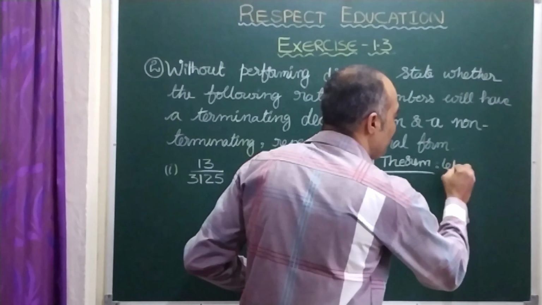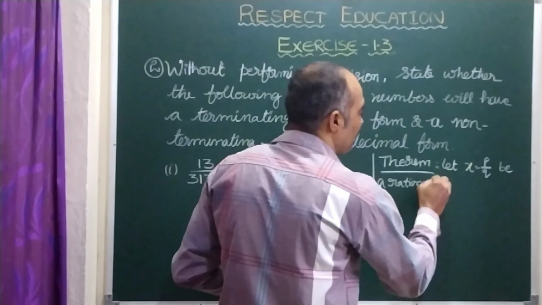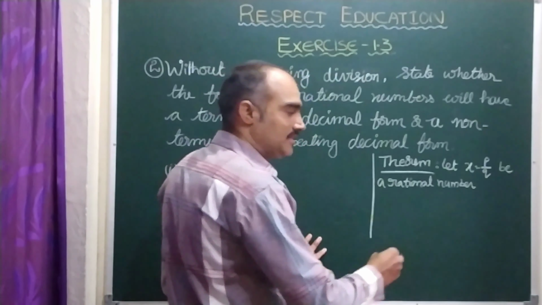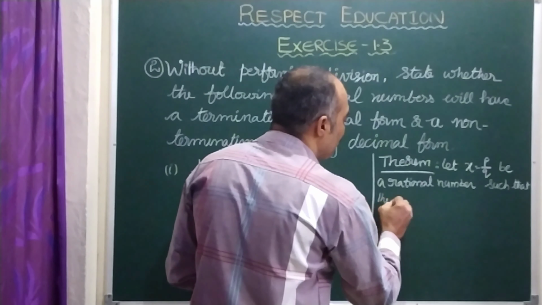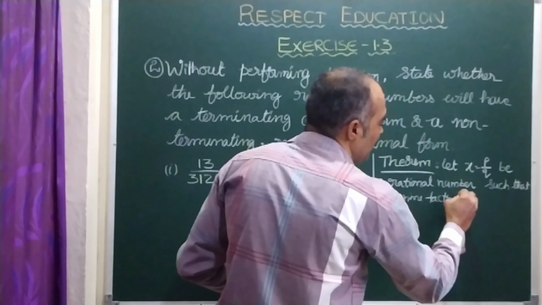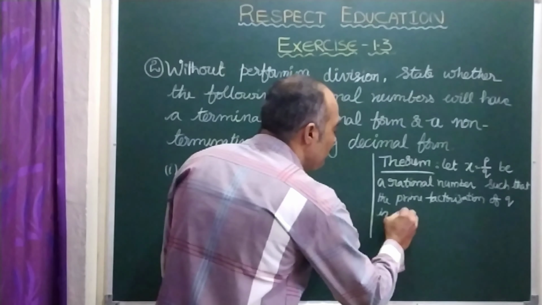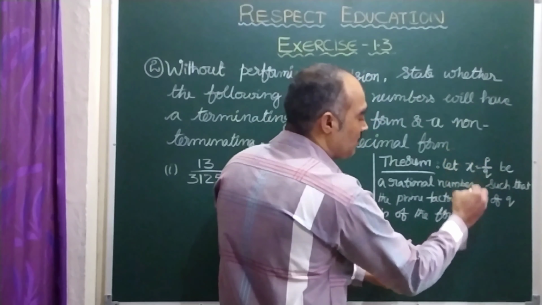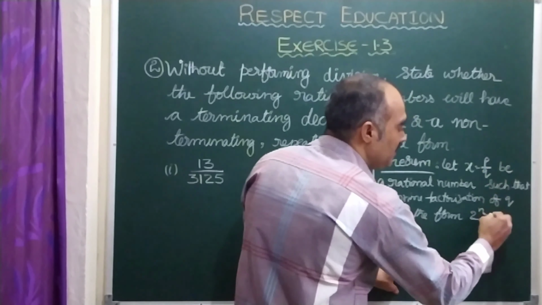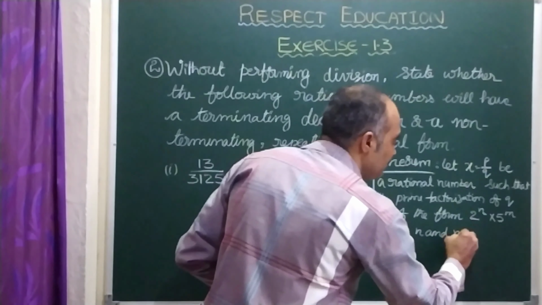Here let x is equal to p by q be a rational number, such that the prime factorization of q is of the form 2 power n into 5 power m, where n and m are non-negative integers.